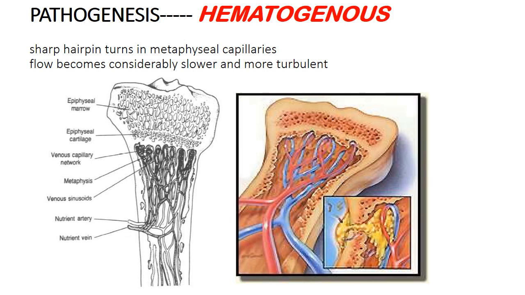You can see that there are sharp hairpin turns in metaphyseal capillaries. And in this region, the blood flow becomes slow. And the pathological organism has time to come out of these hairpin loops. As you can see, these are hairpin loops.